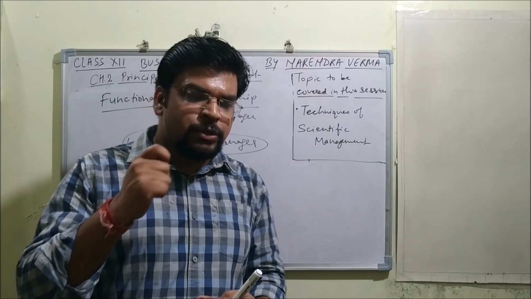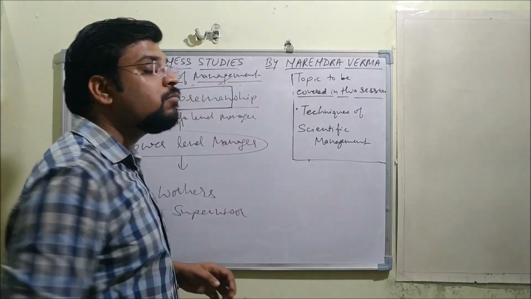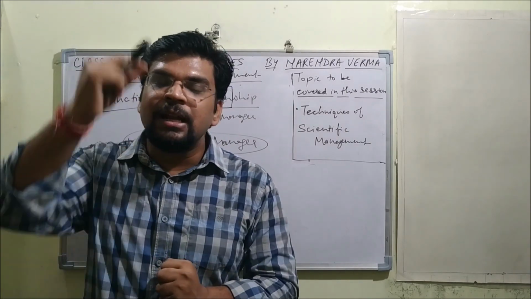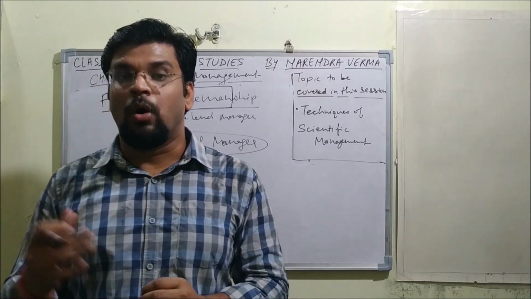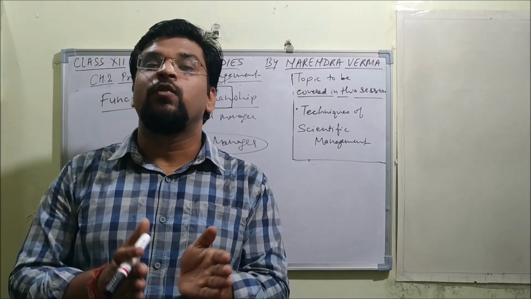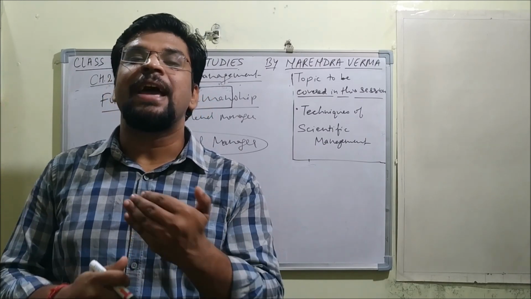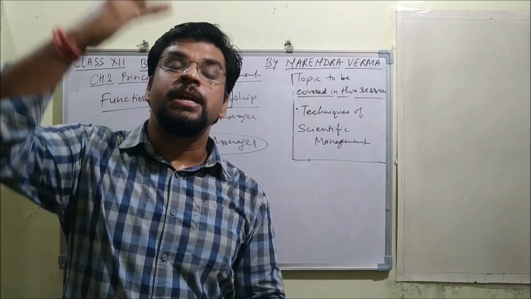So he understood the importance of the foreman in a factory. Then he made a list of an ideal foreman or supervisor, how a foreman is supposed to be, so that the productivity and efficiency of the workers as well as of the organization may increase.